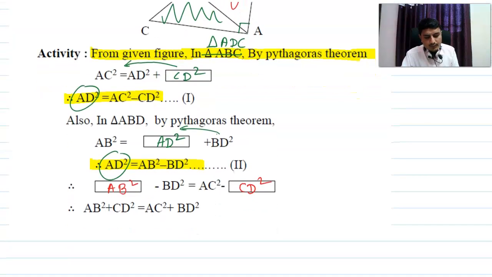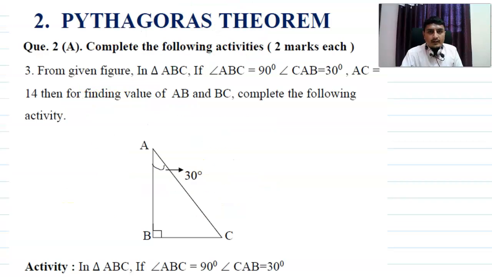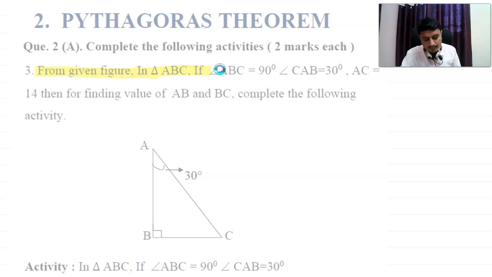So once we shift BD square from LHS to RHS and CD square from RHS to LHS, minus BD square becomes plus BD square and minus CD square becomes plus CD square. So we are getting AB square plus CD square equals AC square plus BD square. Now look at the third activity we have from the given figure in triangle ABC.